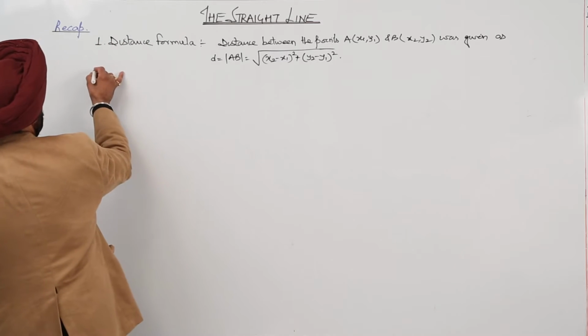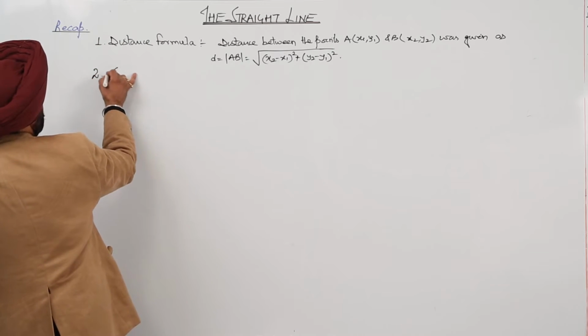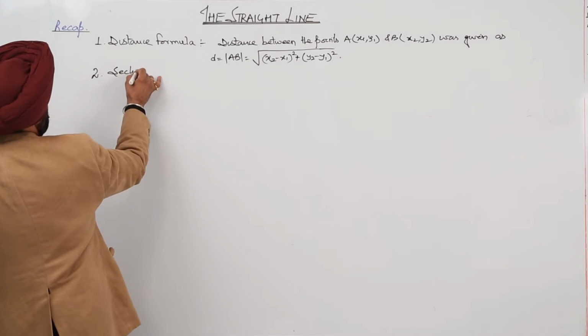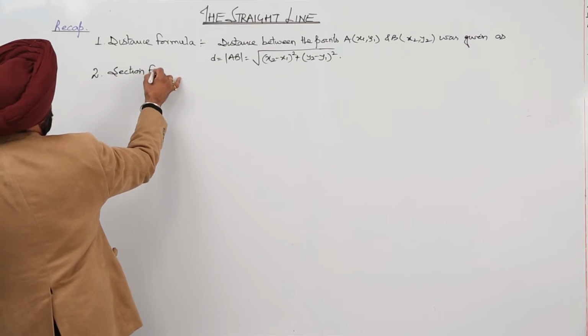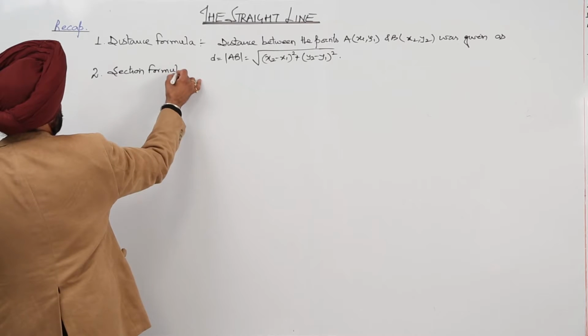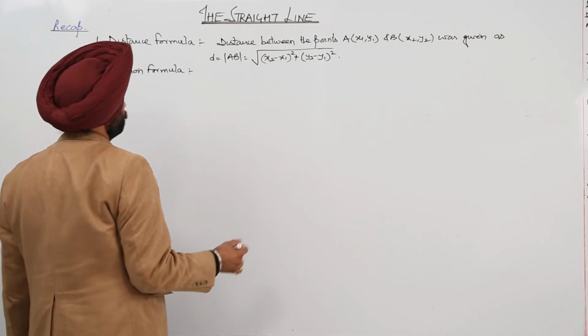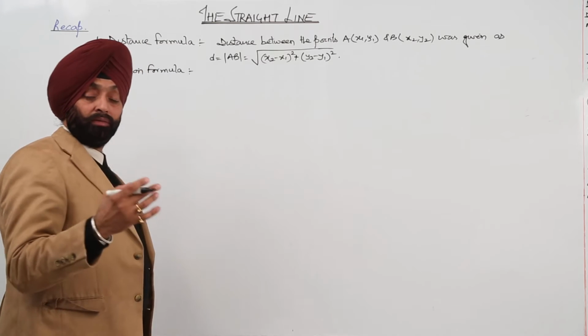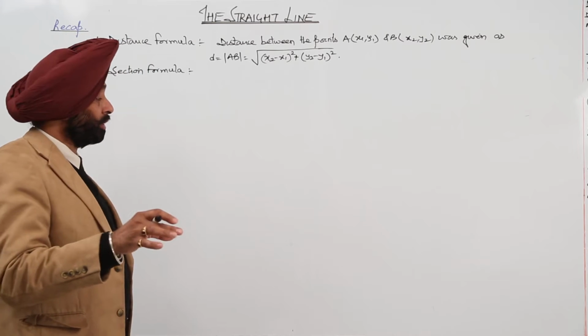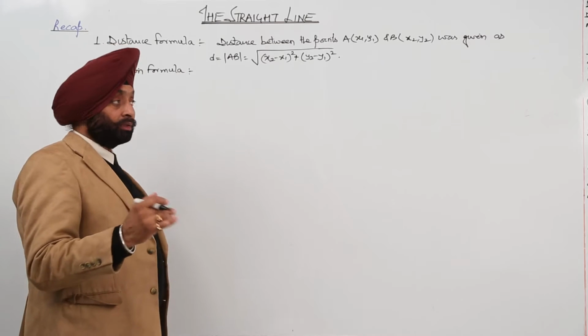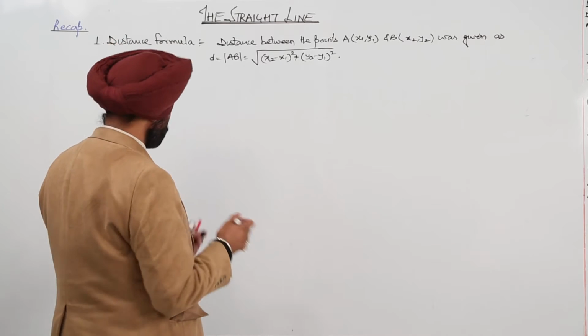After that we have gone through number 2, that was the section formula. Now in the section formula, it was when a line segment is divided in between, because we have done only the internal part. Then how to proceed, that was in the section formula.